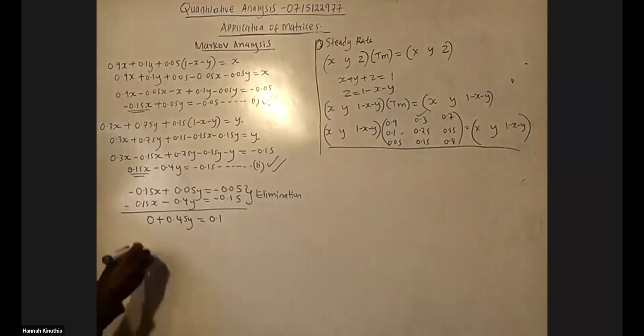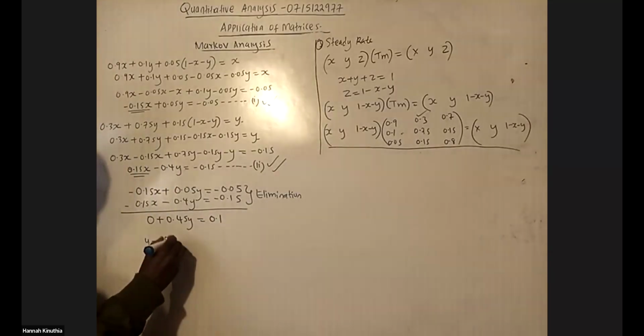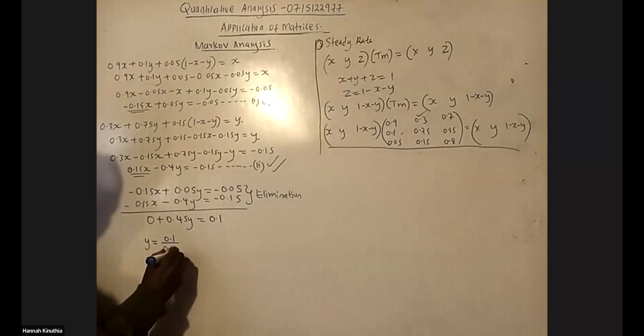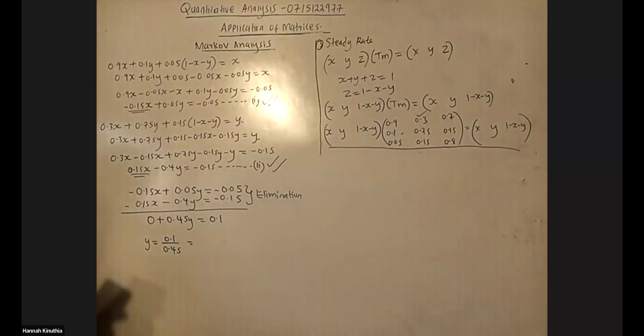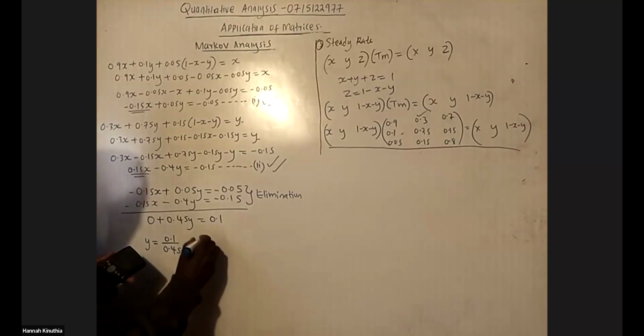So what will be the value of y? y will be equal to 0.1 over 0.45. Is that one correct? 0.1 divided by 0.45 is about 0.22.